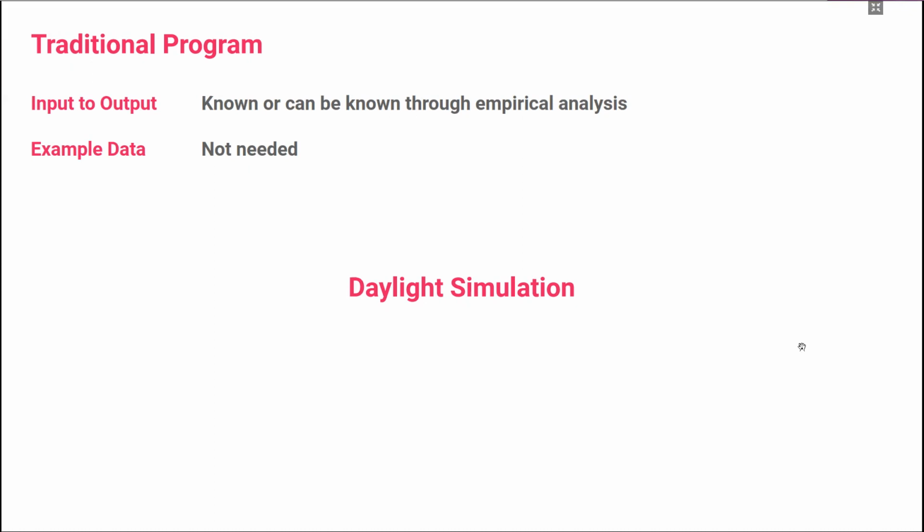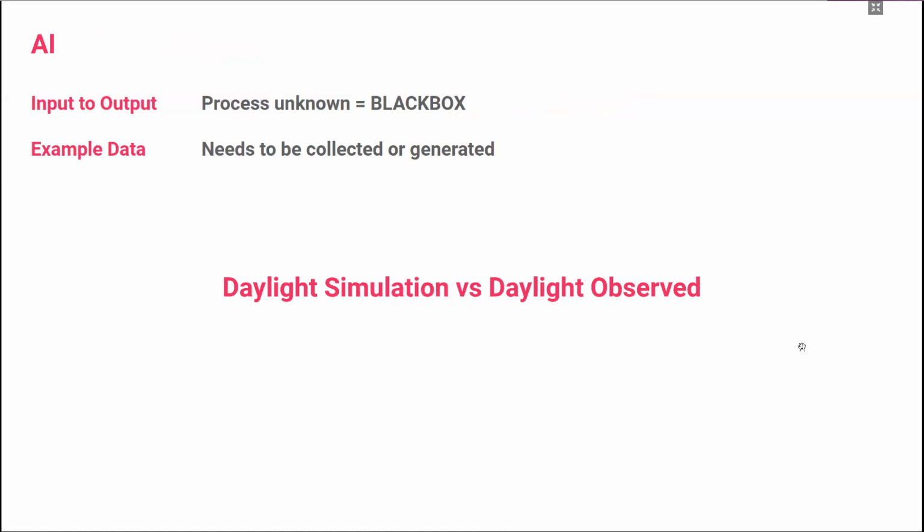We just need to feed the input values. What is the geometry? What is the finish of the geometrical parts? What is the location? And of course, what is the time and the period of simulation? And through the algorithm, which is already defined, we get a grid of lux values, which tells us the daylight level of that particular space.